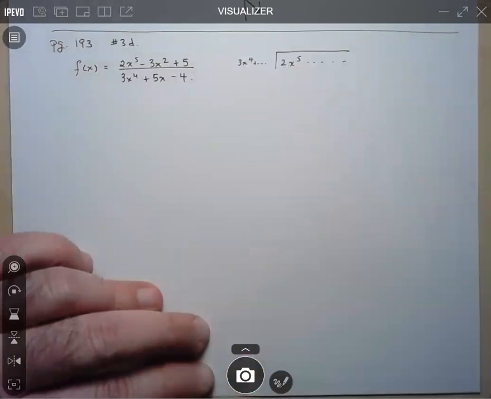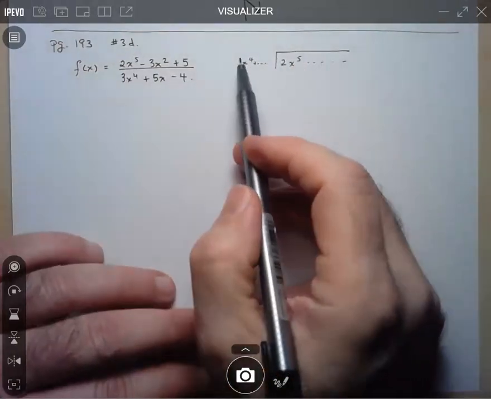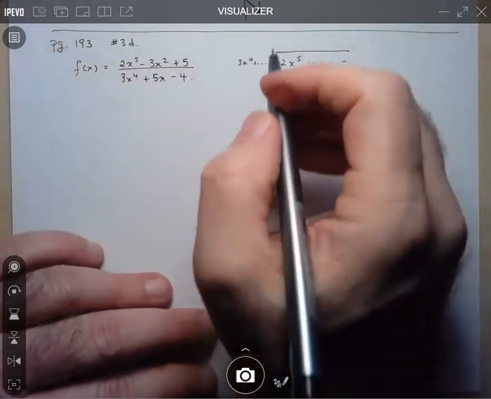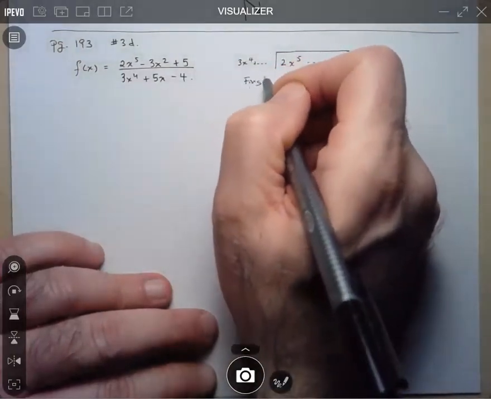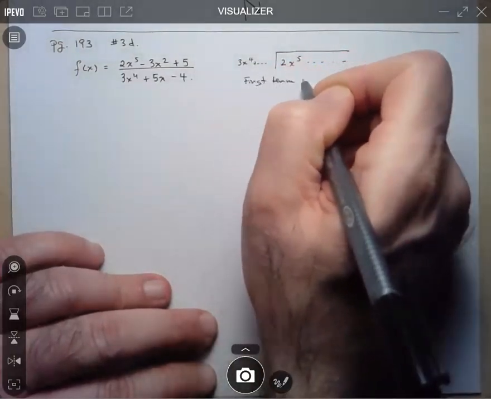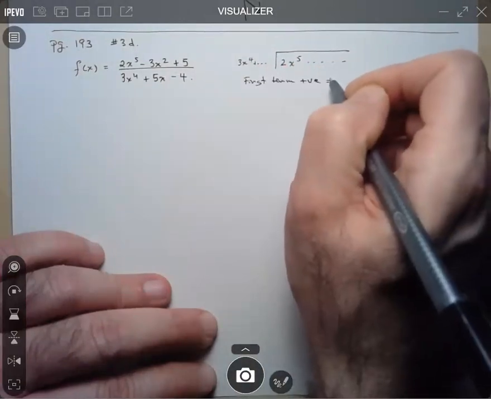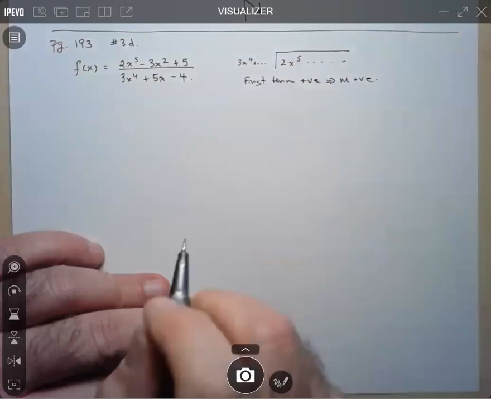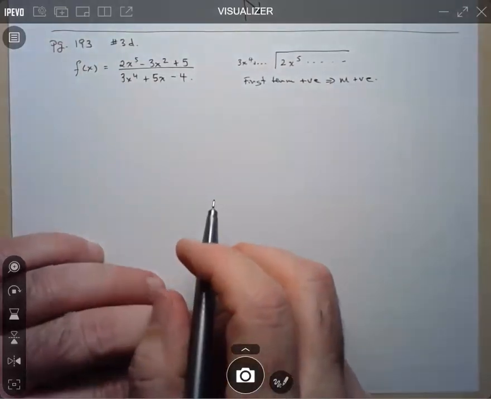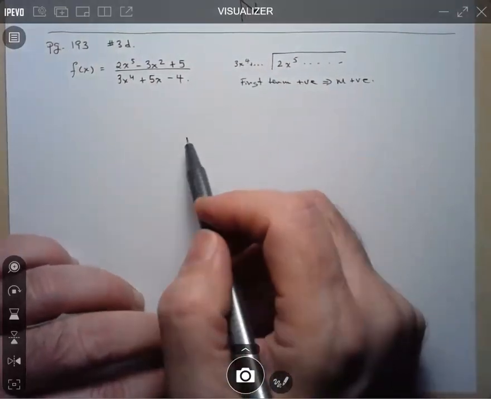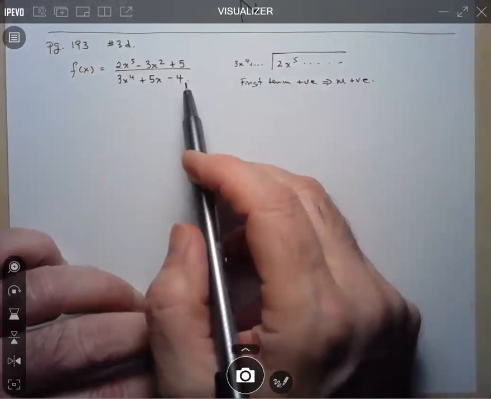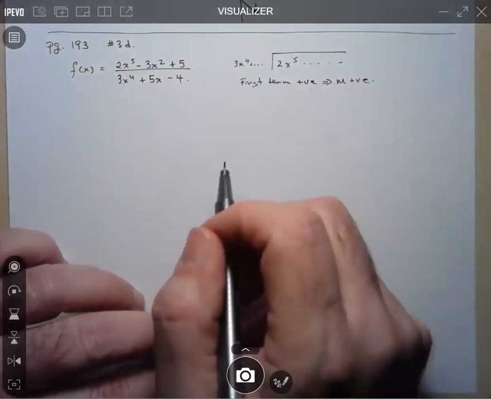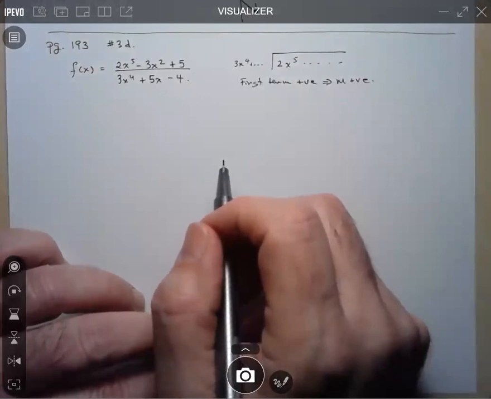So since I know that when I do that division the first term will be positive, and since that first term is the slope, I know that the slope is going to be positive. Okay, so you see how I'm using only the part that I need in order to determine my result.